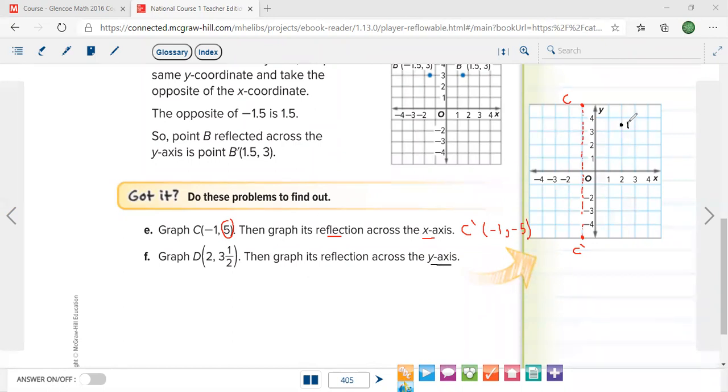This is the point D. Now we need to cross the y, so you move 2 units to the other side till you reach this position, which is D prime. It's clear that this position is -2 and 3.5. Or you can get it from here: you cross the y, so you need to change the x coordinate. So it will be -2 and 3.5.